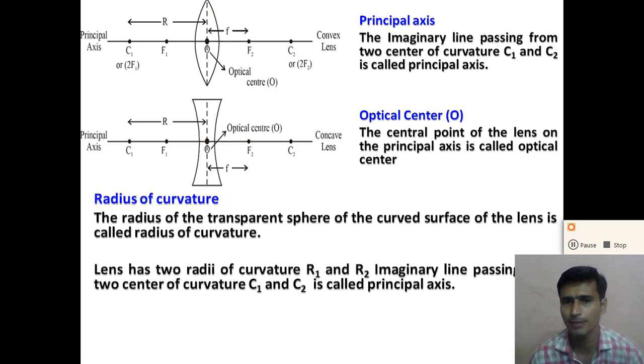Now what do you mean by the optical center? The central point of the lens on the principal axis is called the optical center. Understand, dear student?